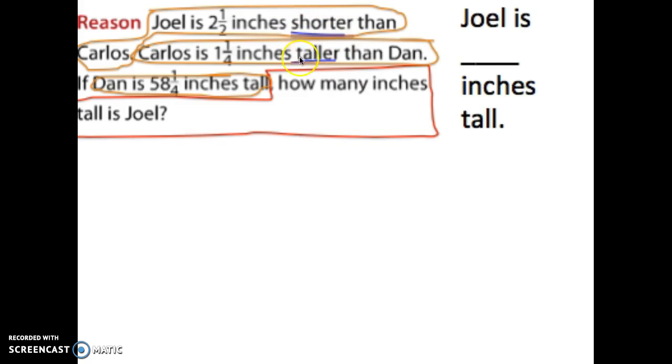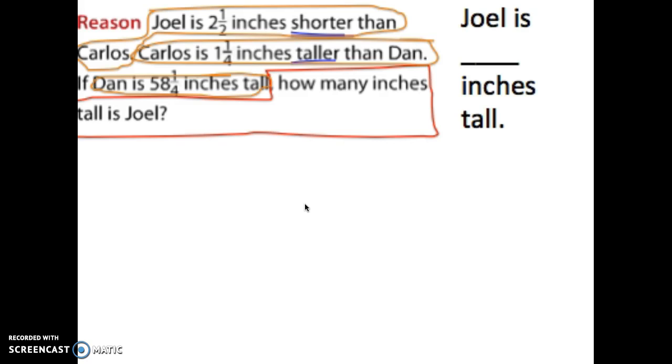Then after I do that, I want to underline my keywords. So my keywords here are shorter and taller. This lets me know that I am going to be subtracting to get to my final answer. After I do that, I want to circle any important information that I need in order to solve this problem. I want to make sure that I'm using the information that tells me that Joel is 2 1/2 inches shorter than Carlos. I also want to use the information that says Carlos is 1 1/4 inches taller than Dan.